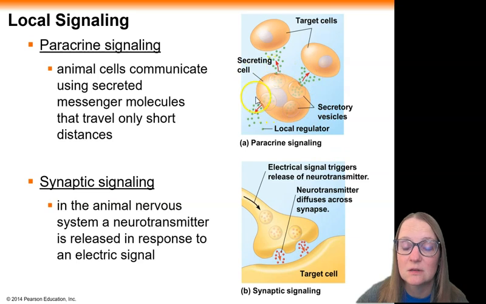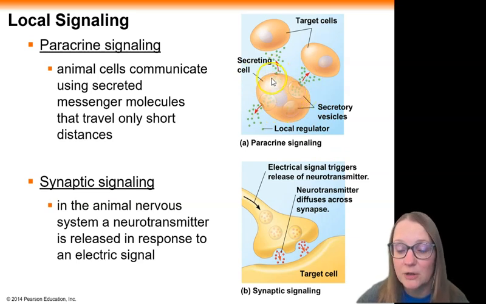So you can see the secreting cell here that will use its endomembrane system to create a whole bunch of those secretory vesicles that contain the signaling molecule, and then probably in response to some sort of stimulus, the secreting cell will allow those secretory vesicles to fuse with the plasma membrane, dumping the signaling molecule into that extracellular space.